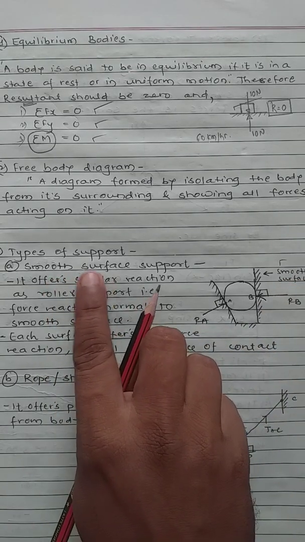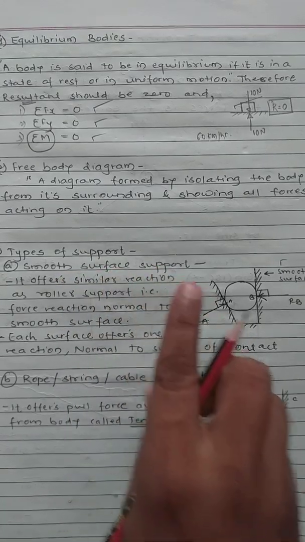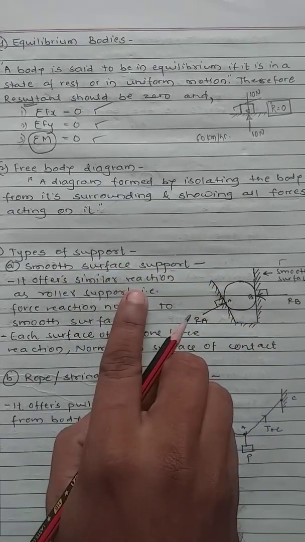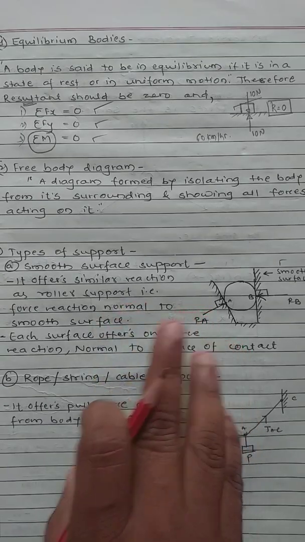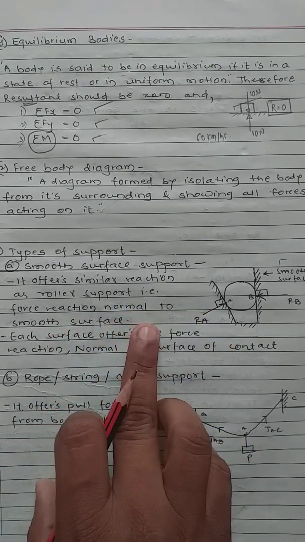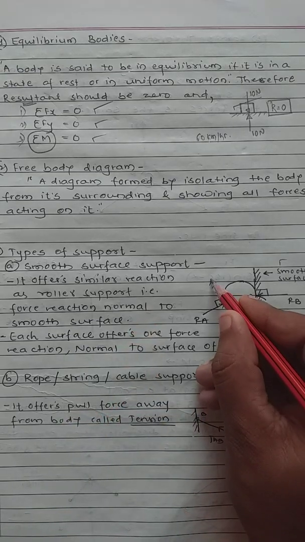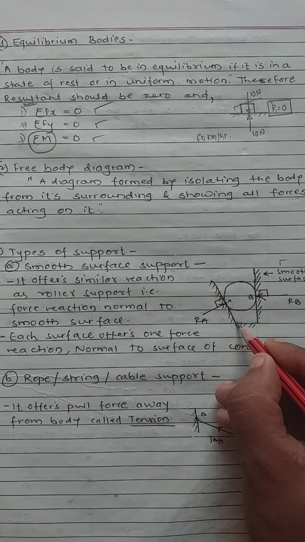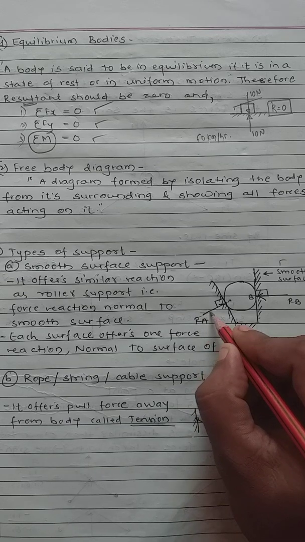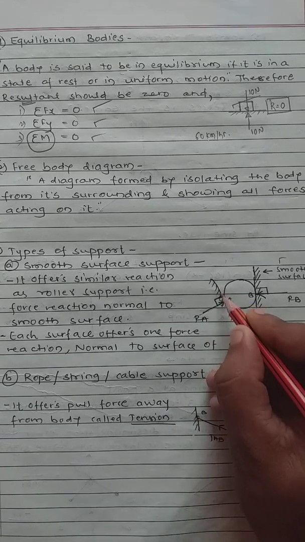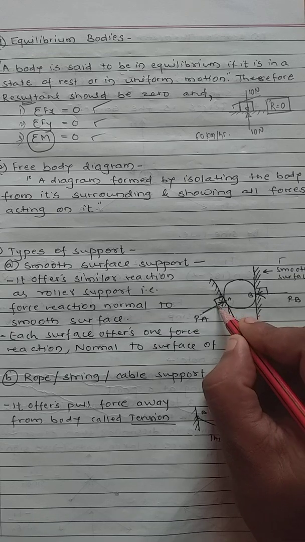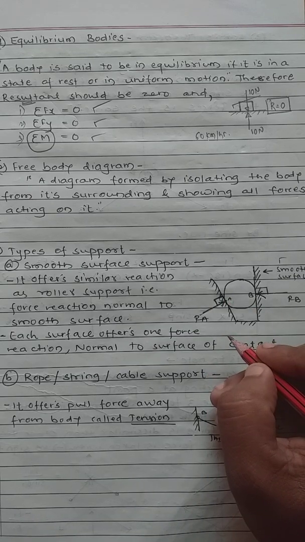So first comes the smooth surface support. Smooth surface support means it offers a reaction like a roller support, that is, a reaction force normal to the smooth surface. Here, if you consider this is the smooth surface, there will be a reaction force at point A which is exactly perpendicular, normal, to the smooth surface. So the angle between the smooth surface and the reaction force will be 90 degree.